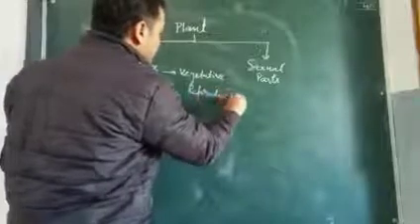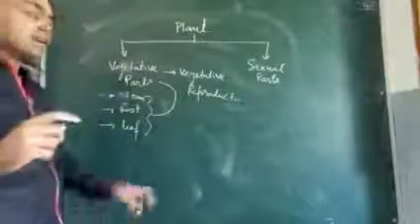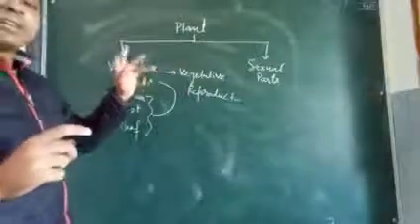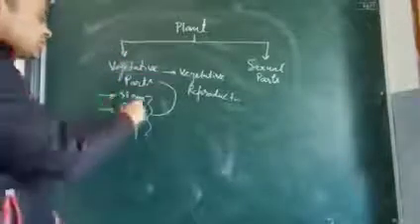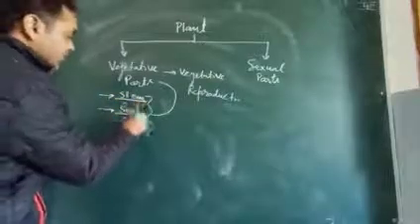If the reproduction is done other than by the sexual part, like the flower, then it is called vegetative reproduction. Then the reproduction takes place with the help of stem, root or leaf.